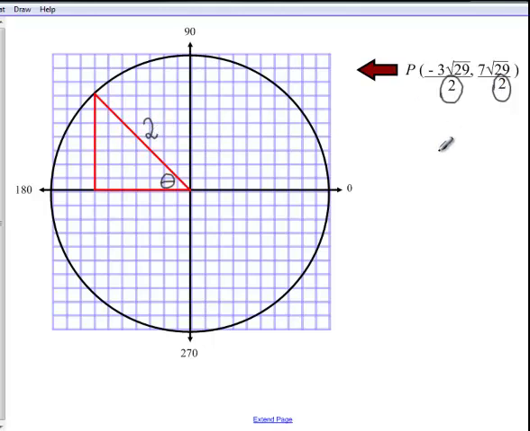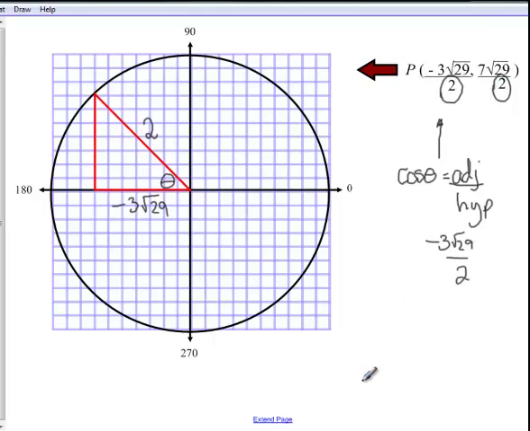And we knew that this represented the cosine of my angle, which once again is the adjacent side over the hypotenuse. So if the hypotenuse is 2, the length of my adjacent side is negative 3 radical 29. So this side right here was negative 3 radical 29.